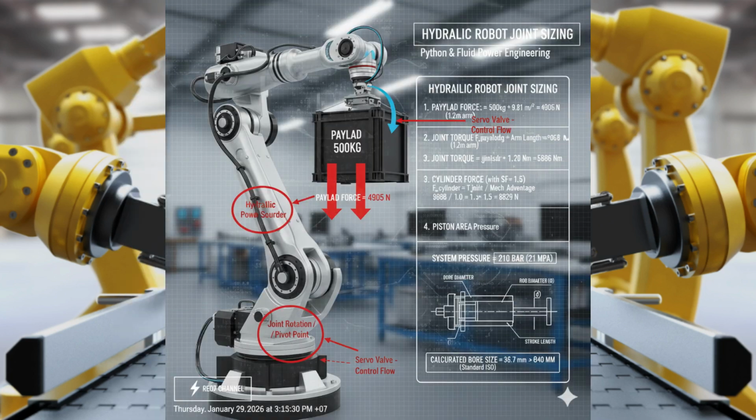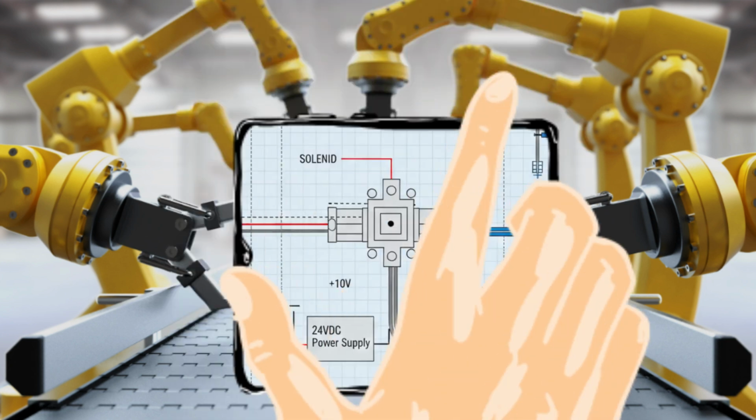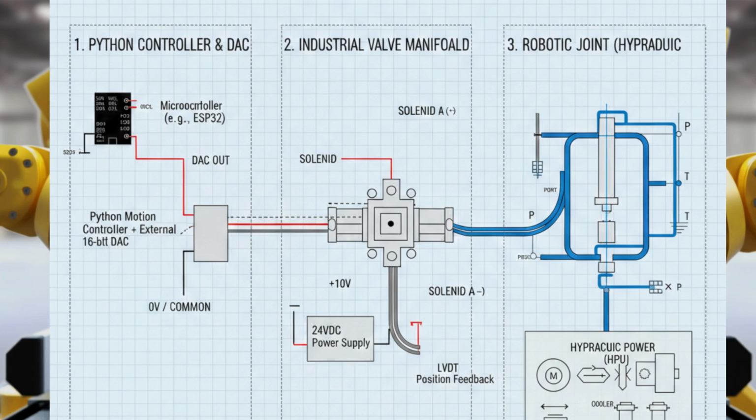Our goal in this project is to design one robotic joint powered by a hydraulic cylinder, controlled by a servo valve, and calculated using Python. This is not just theory, this is exactly how real hydraulic robot joints are built in industry.